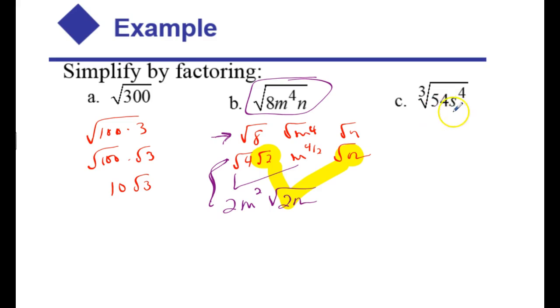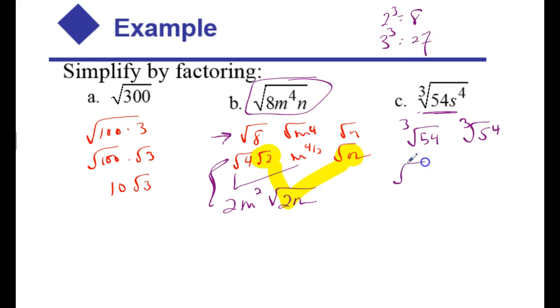So let's do it again. If this is together, I'm going to pull this apart first. The cube root of s to the 4th. Then I'm going to try to find a perfect cube. And remember, on the other slide, I found perfect cubes. 2 cubed is 8. And so I want to check to see if 54 divides by 8, which it does not. So I'll go to the next one. 3 cubed is 27.